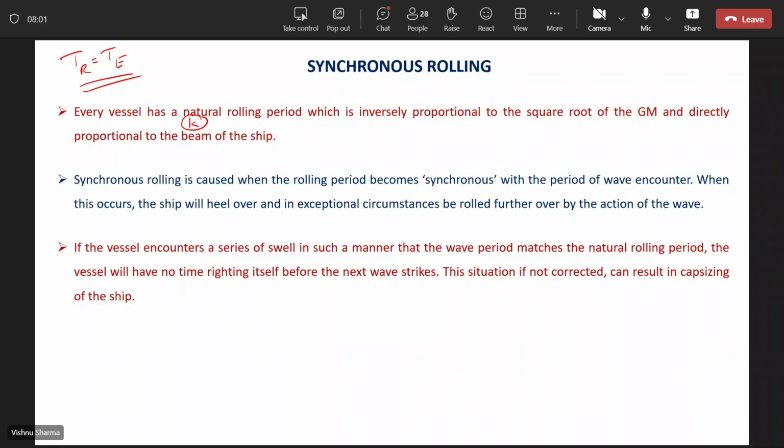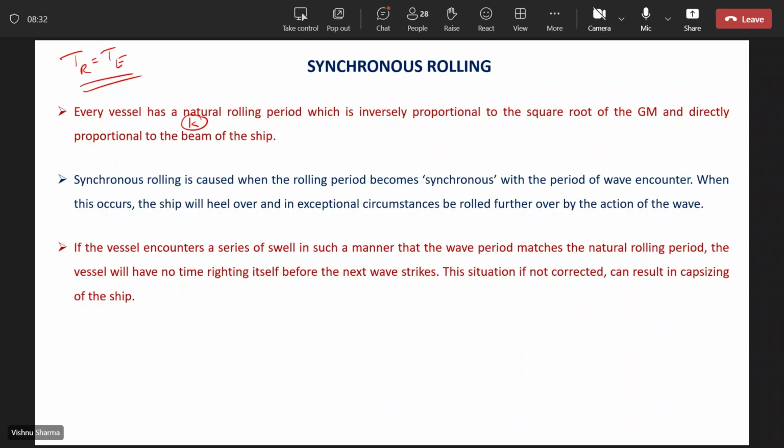It is like the swing. For example, let us say the ship goes to starboard. As she goes to the starboard extremity and is about to start returning to upright, at that time the wave hits from the starboard side. Now the ship would have returned because of its righting moment, but that is also supplemented by the energy transferred by the wave. So the ship returns with greater momentum because of the wave action.